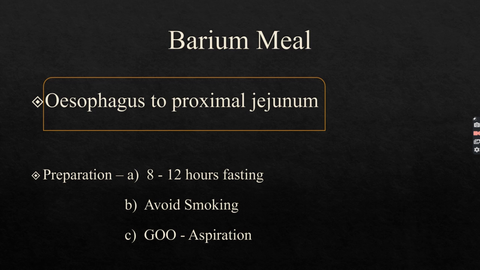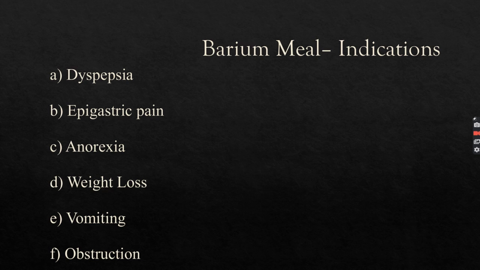Ask the patient to avoid smoking, and if gastric outlet obstruction features are present in the patient, beforehand we can put in a Ryle's tube and aspirate the content, if any, in the stomach before going with this study, barium meal.